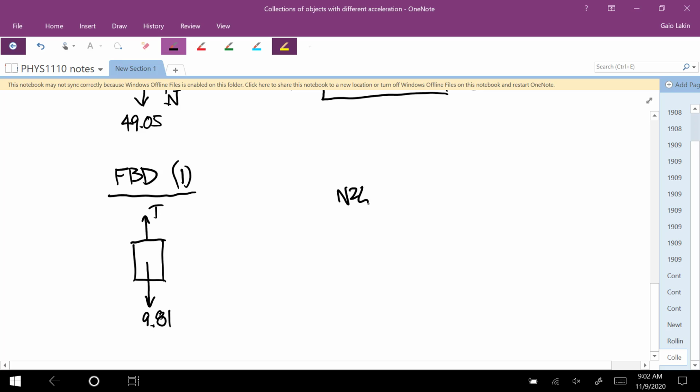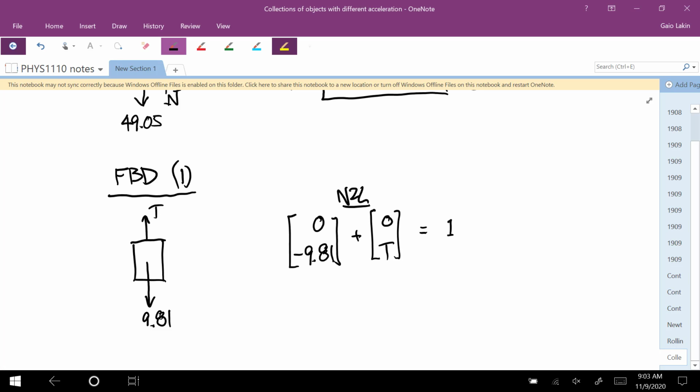So now Newton's second law says 0, negative 9.81, plus 0, T, is equal to the mass times the acceleration. Now, you have to think, what's the acceleration of this one?